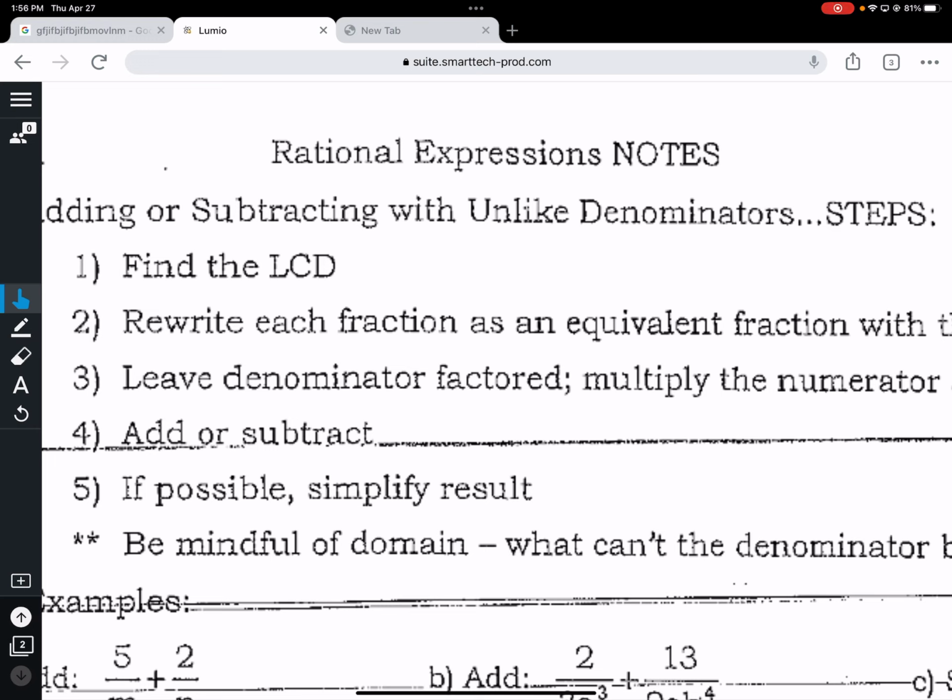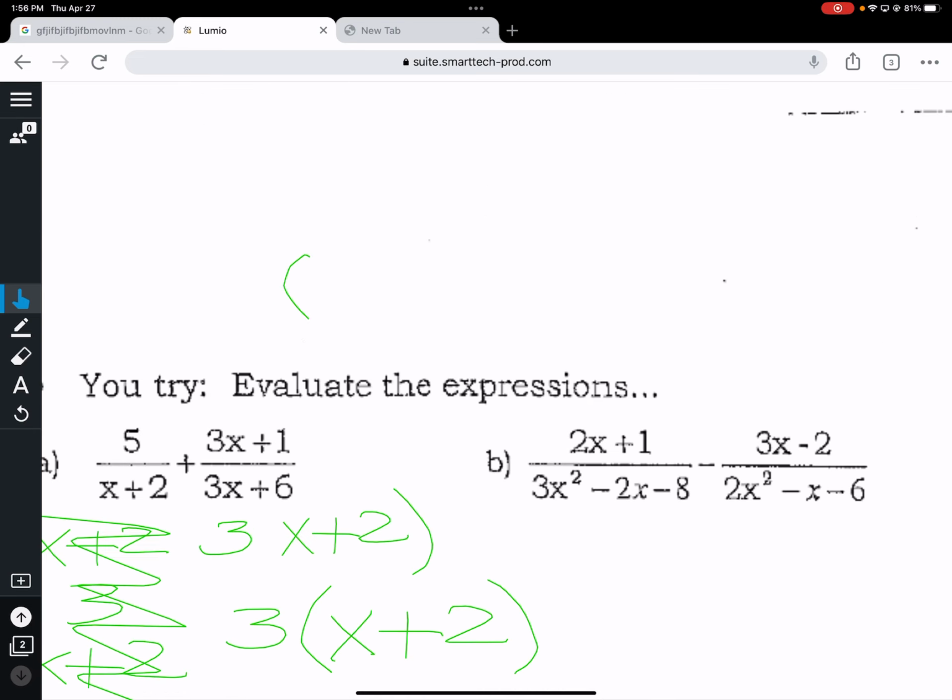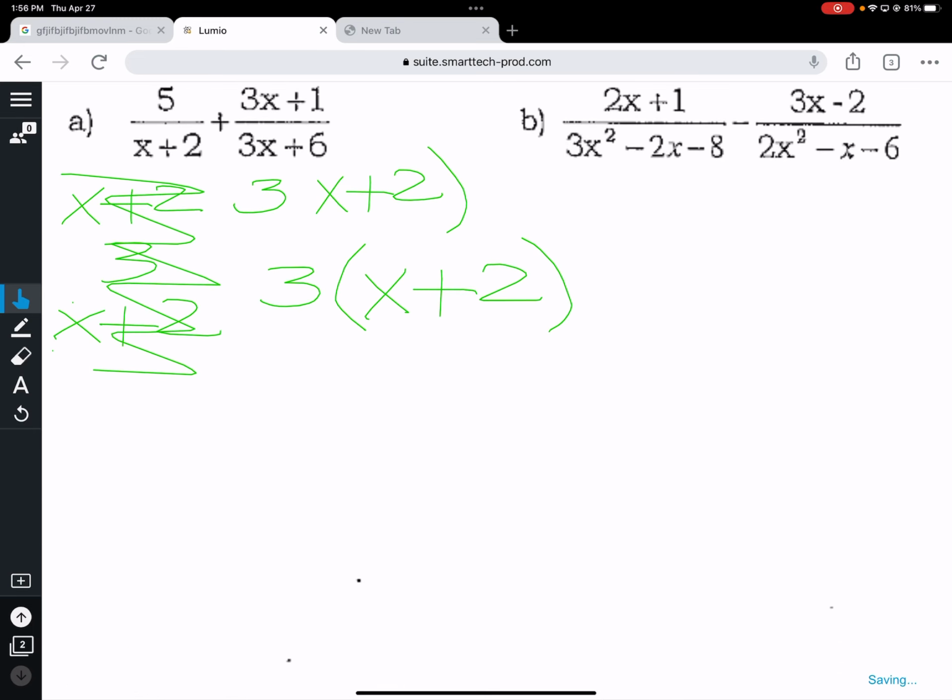Don't put it together. So it's going to stay 3 times x plus 2. Several of you were saying 3x plus 2. But it's 3x plus 6 is what it would be if it were put together. But you leave it factored as 3 times x plus 2.